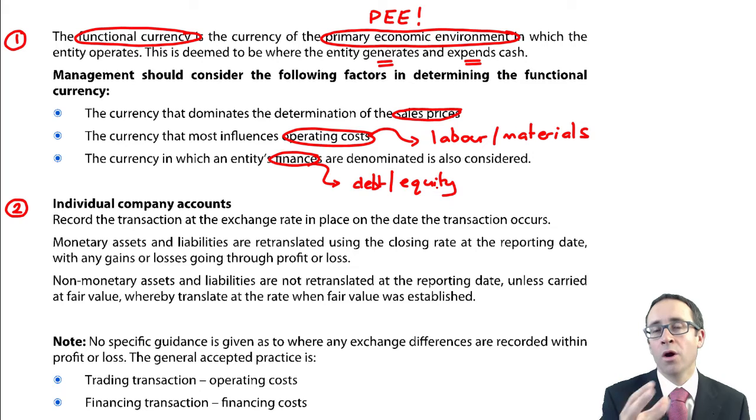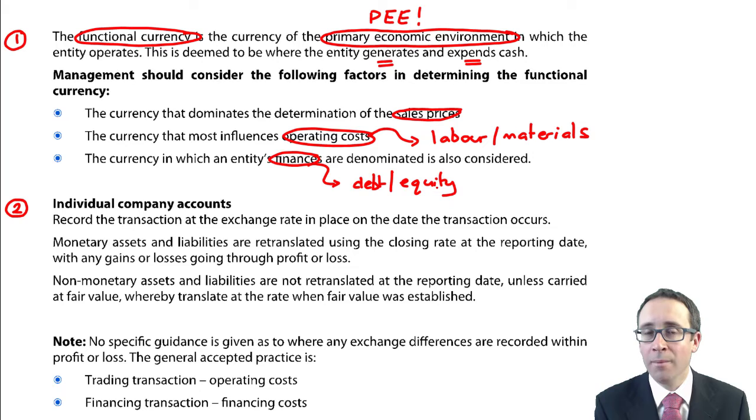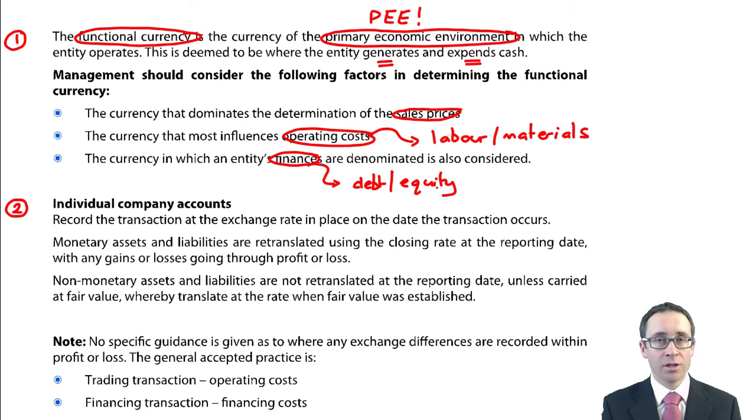You may pay your local staff in the local currency, but the majority of your sales and the majority of your operating costs are in dollars. So therefore, even though you're based in a country that doesn't have the dollar as the local currency, you will choose the functional currency as being the dollar. I say choose, it's more likely it's determined by the standard to be the dollar.